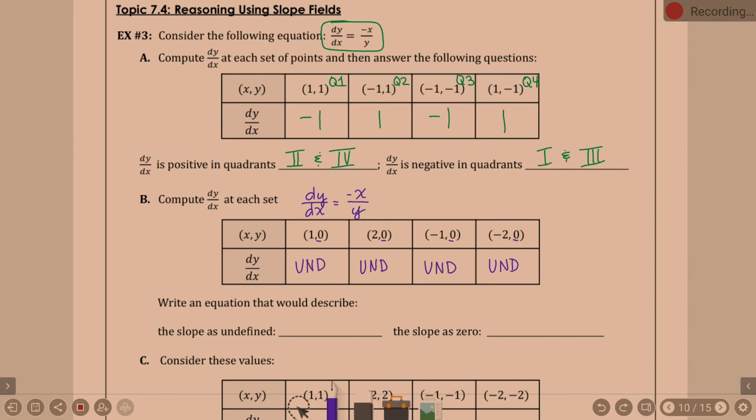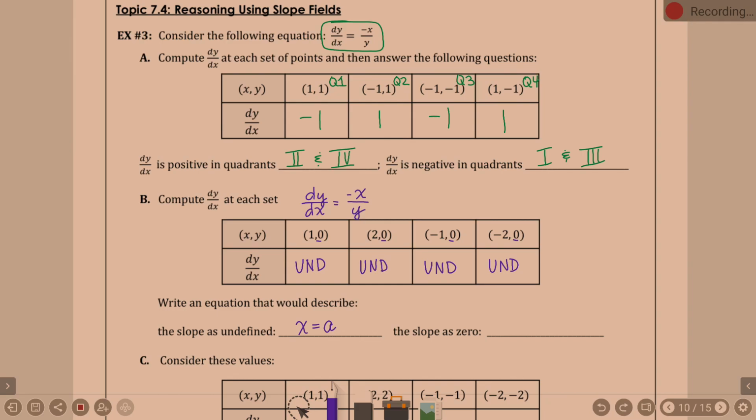Vertical lines are x equals some number, yes? Could be x equals 3, x equals 2, x equals -5. Or the generic way of saying it is x equals a, where of course a is a constant.